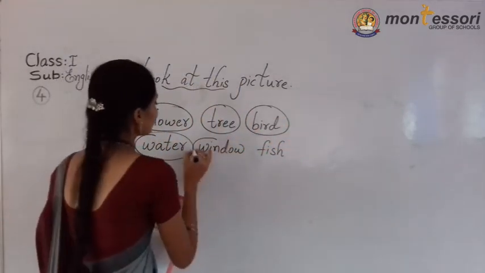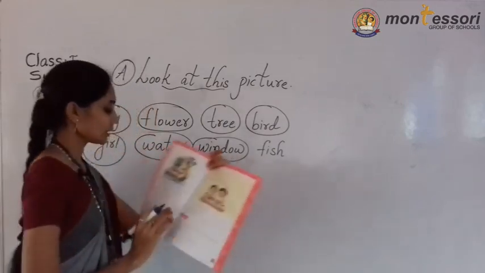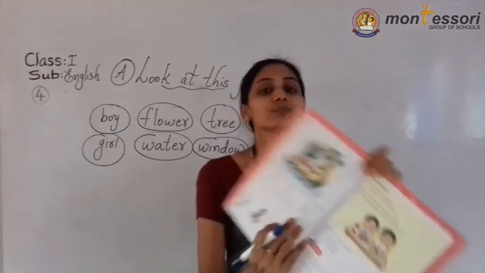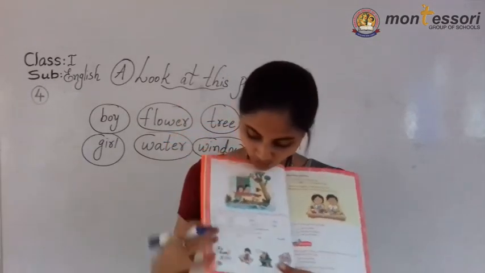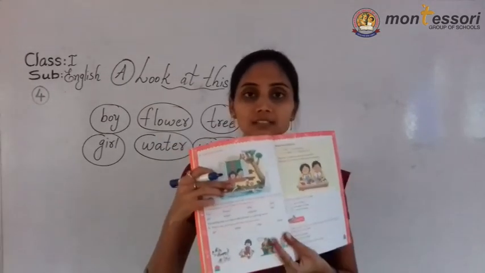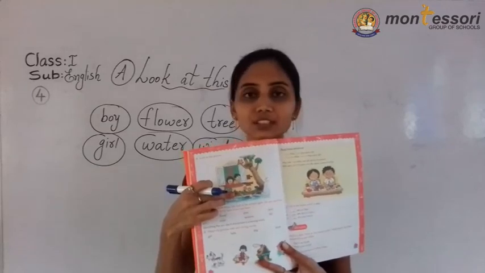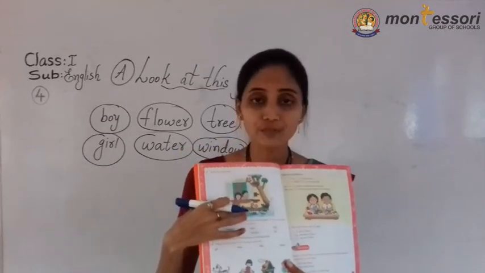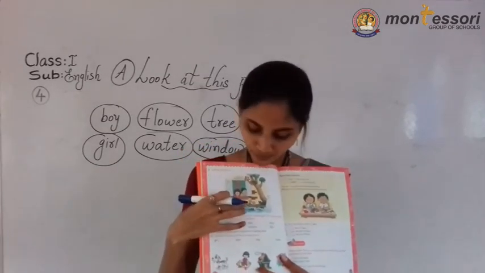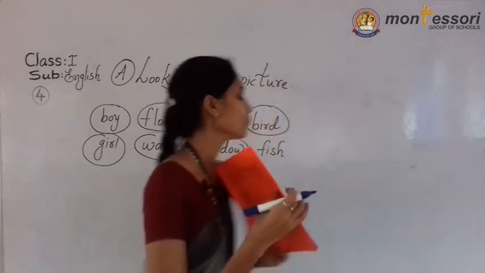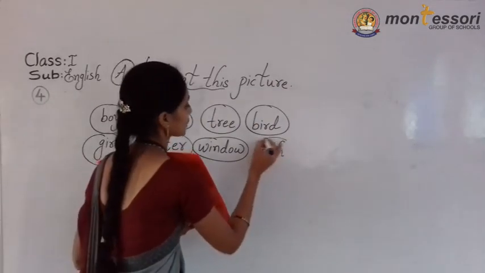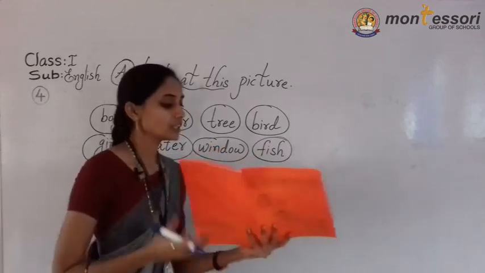Circle the word window. Next one is fish. Can you see the fish in the water? See, we can see the yellow color fish. It is jumping out from the water. So, we have to circle the word fish.